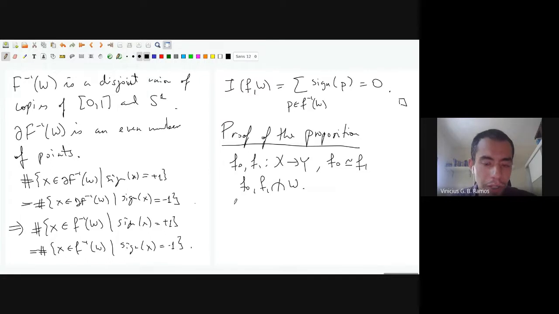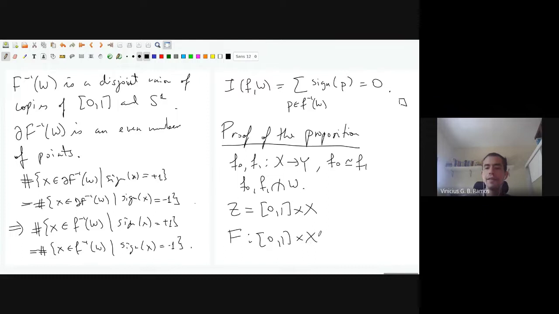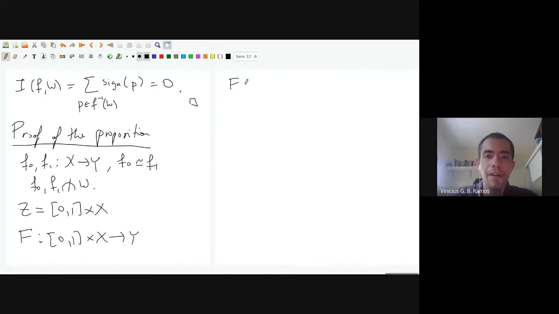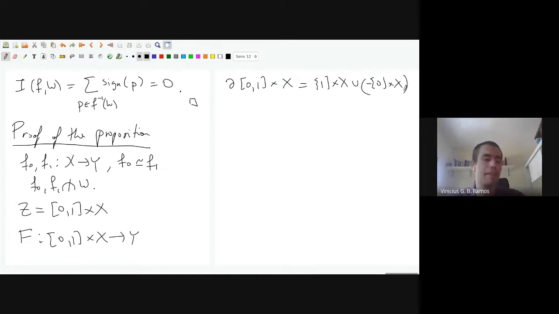And now, what you do is you look at the following. You can think of the manifold Z to be the product of the interval with X. And since F0 and F1 are homotopic, that means that there exists a function, capital F, that goes from [0,1] times X to Y, and such that F restricted to the boundary... Oh, actually, let's remember that the boundary of [0,1] times X is basically 1 times X union 0 times X, but with a minus sign, with the opposite orientation.